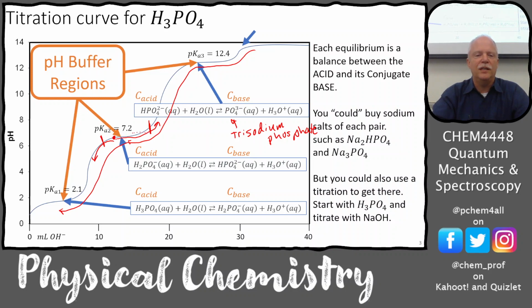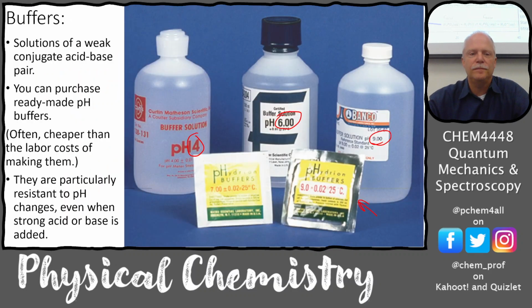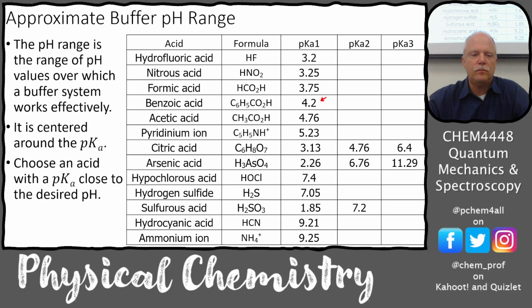So this buffer region is surrounding that 7.2, and this range of amount of base it can take before the pH changes, say, one value or half of a pH value, would be the buffer capacity. So we would choose an acid with a pKa close to that desired pH.